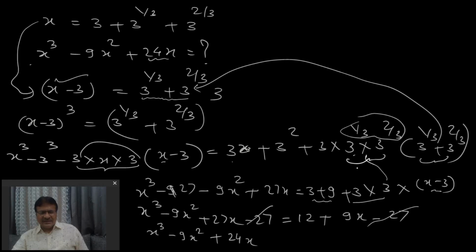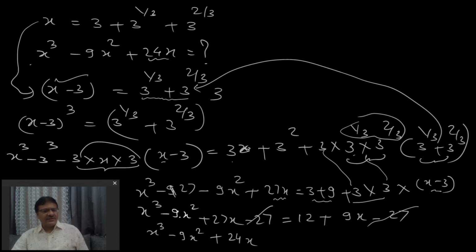This one is 3 and this 3 is written here. Is that clear? Now x cube minus 27 minus 9x into x, that is minus 9x square, and then minus minus plus 3 3s are 9, 3s are 27, that is 1x is there. Okay, so this x minus 3.